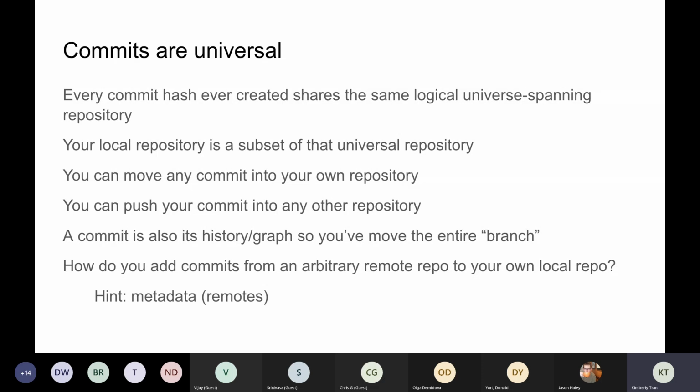Once you add a remote, with the git remote command, you can fetch that remote into your local repository, and then you have the branches from that repository in your own, and you can check those branches out and work on them. There's also security around this, so you must be allowed to do this. But at its core, Git allows you to move any arbitrary commit into your own repository.